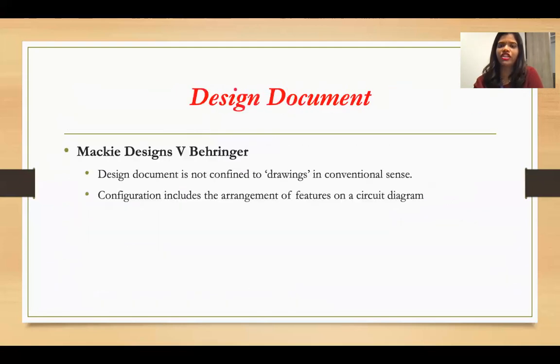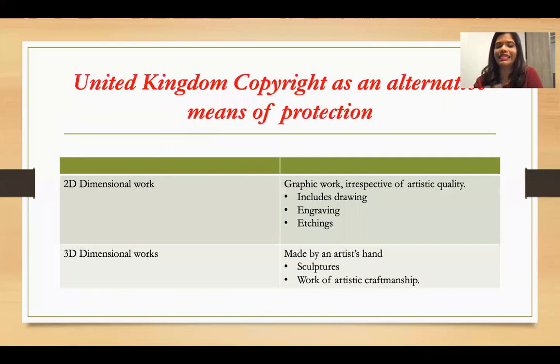These two definitions will fall under three-dimensional work of copyright protection. So this copyright protection is basically an alternative if you fail to register your design. So if you fail to register your design, you can use copyright protection as an alternative, and you will get a longer tenure.